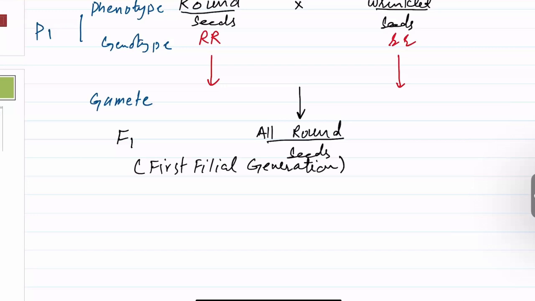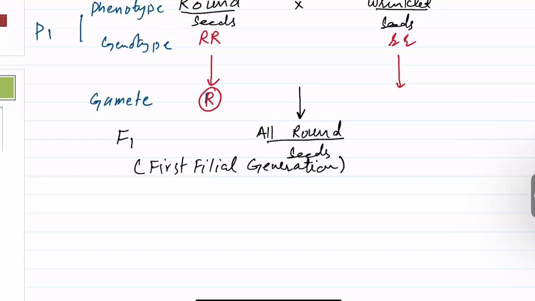Okay, so every gamete will have one of each pair. As we are talking about one pair only, all the gametes produced will have an R capital.